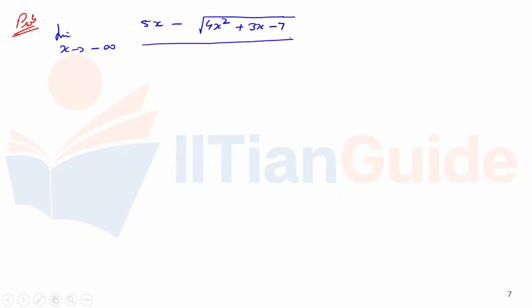In the denominator, I am writing 2x plus under root of 16x square minus 5x plus 12. Okay, we need to solve it. Tell me anyone how to do it? Yes, please tell me.